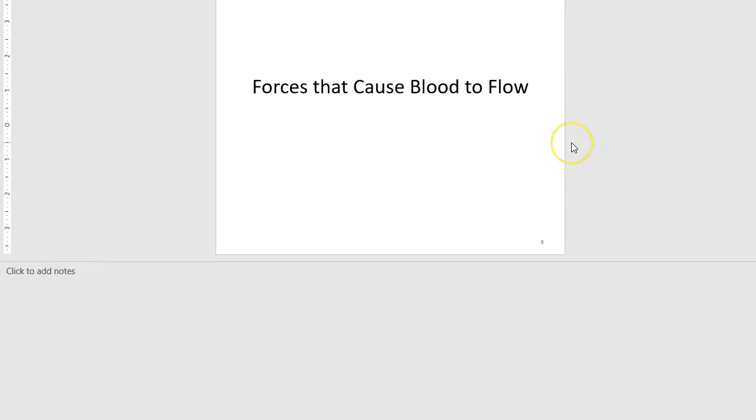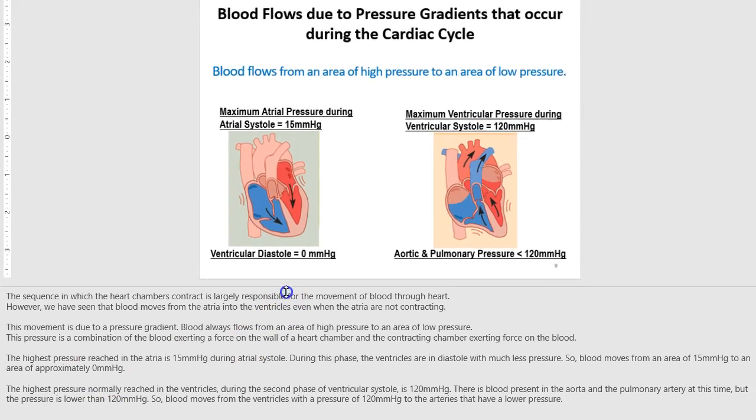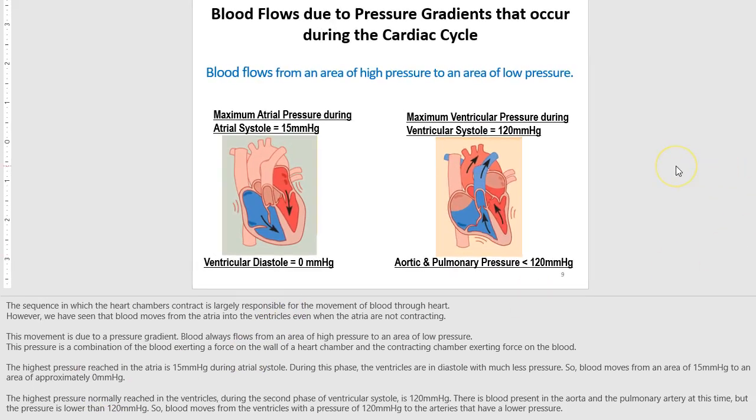Now we're going to talk about forces that actually cause blood to flow during these different phases. So I guess we have to keep talking about the cardiac cycle a little bit. The sequence in which those chambers contract is largely responsible for how blood moves through the heart.